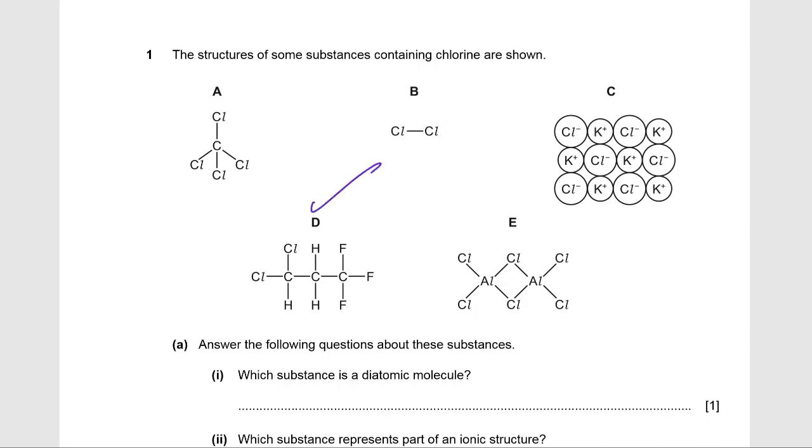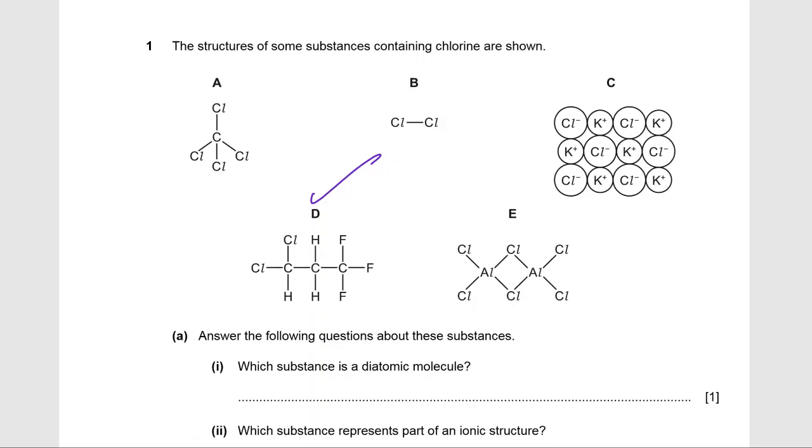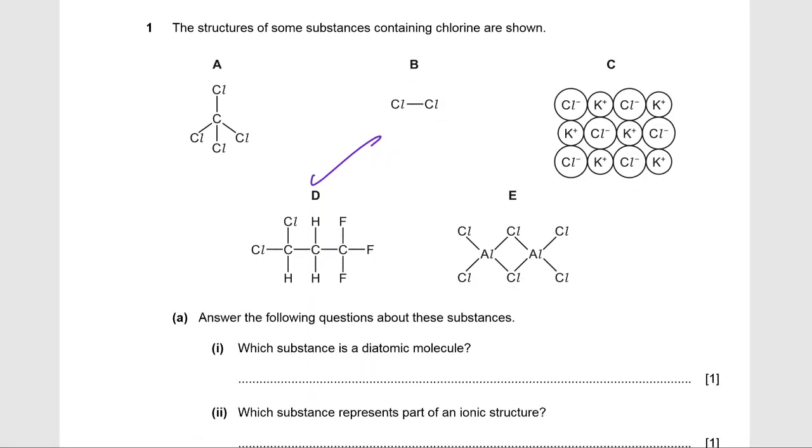The fourth one, D, let's name it, it's 1,1,1-trifluoro-3,3-dichloropropane, and in the last one, 2 molecules are bonded and both of them are aluminum chloride. Okay. So question A, answer the following questions about these substances.